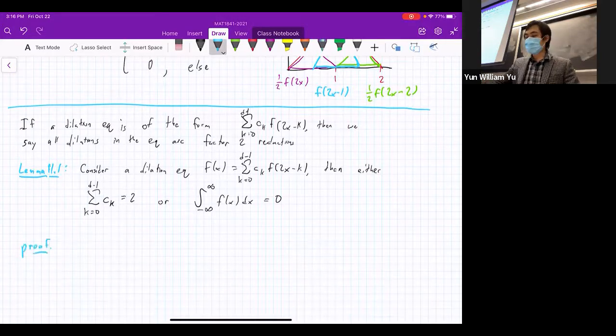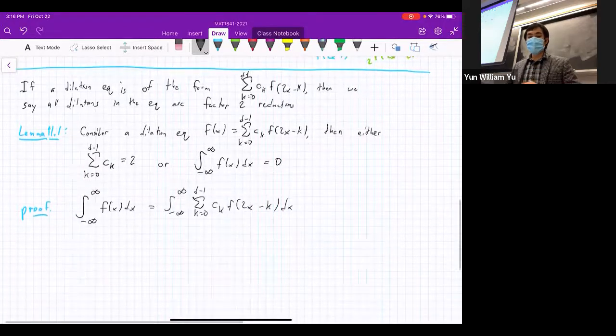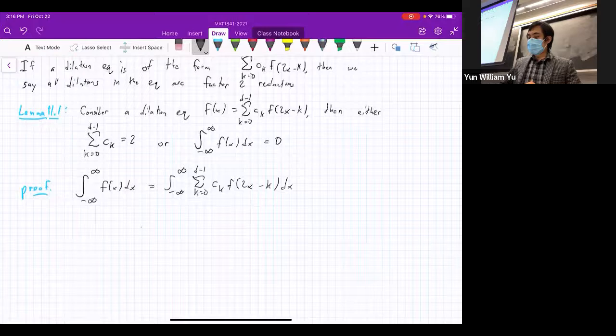The proof is fairly straightforward. It's just a matter of taking integrals. The integral from minus infinity to infinity of f(x) dx is equal to the integral of the summation we can substitute in, c_k f(2x minus k) dx. And it turns out that if the one norm of the function is finite, then we can swap the integral and the summation.